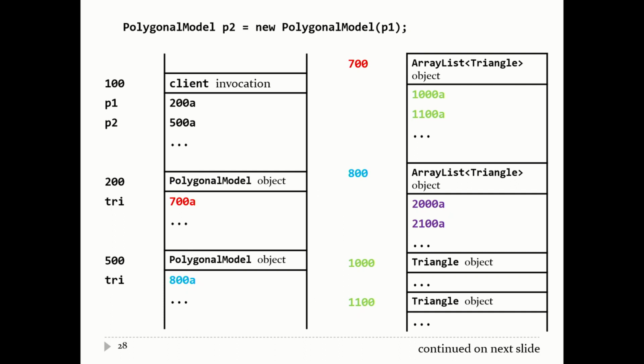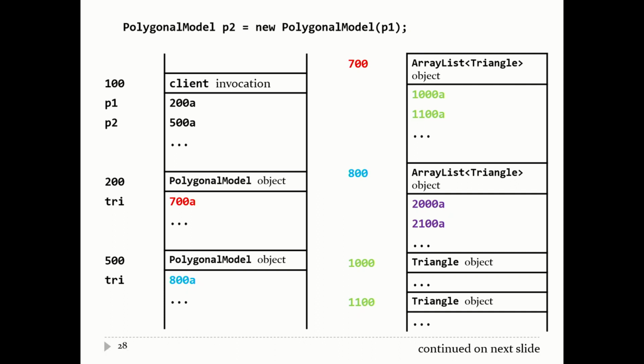Now when we make the new list, we iterate over the triangles in the original list, and we make a new copy of each one of those triangles. So inside our new list, there's a new triangle. So that 2,000 is different from that 1,000. That 2,100 is different from that 1,100 that's there. But the triangle at address 1,000 is equal to the triangle at address 2,000.